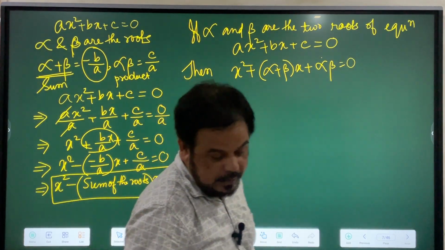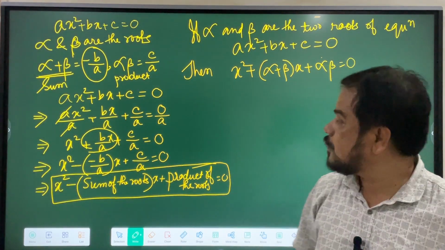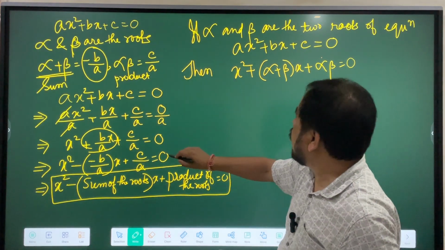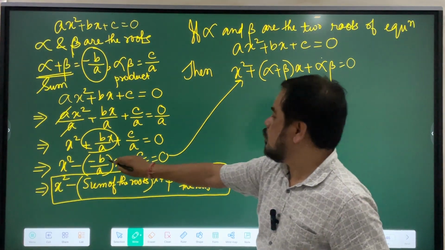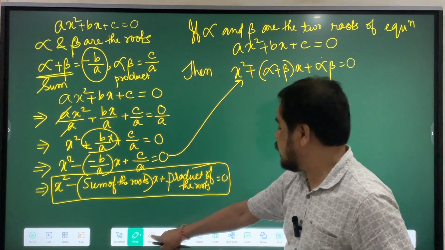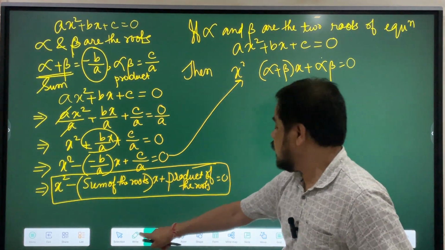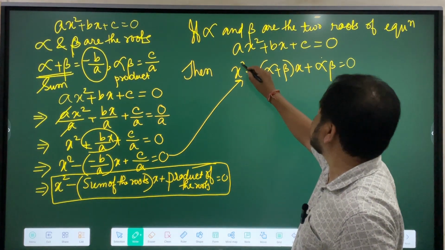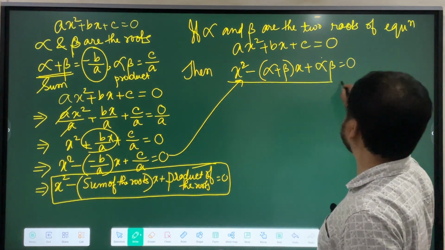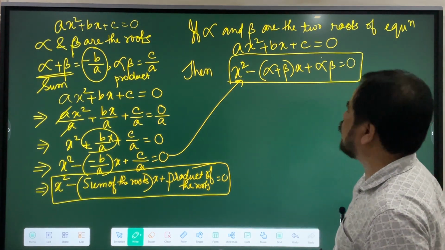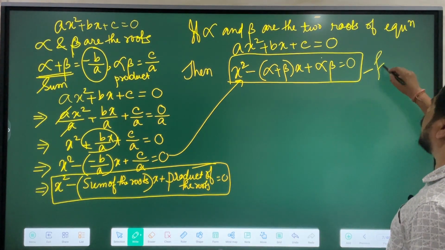This is what we can write directly. Sorry, it is not plus, it is minus. So x square minus alpha plus beta into x, you have to remember this is also a formula.